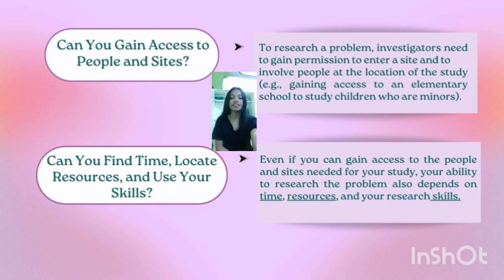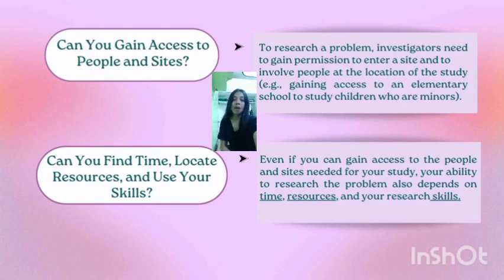Can you gain access to people and sites? To research a problem, investigators need to gain information, to enter a site, and to involve people at the location of the study. This access often requires multiple levels of approval from schools such as district administrators, principals, teachers, parents, and also the students.